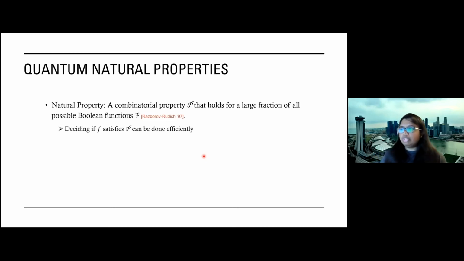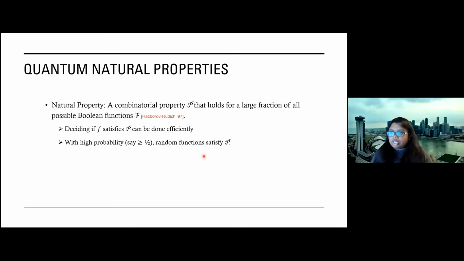You want to be able to decide if this property can be decided efficiently, because you want to use it in algorithms to make a decision. The largeness essentially implies, for instance, that with high probability, say at least half, any random function that you pick satisfies this property. And you want this property to be useful against, let's say, a circuit class.